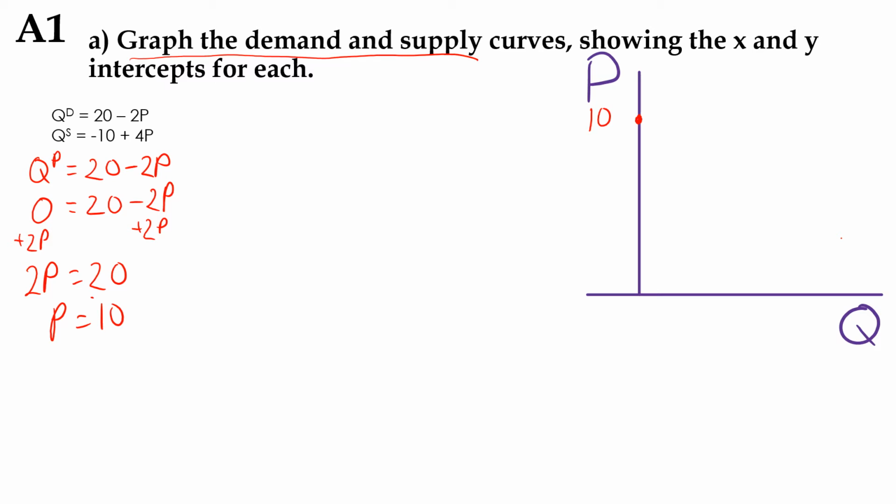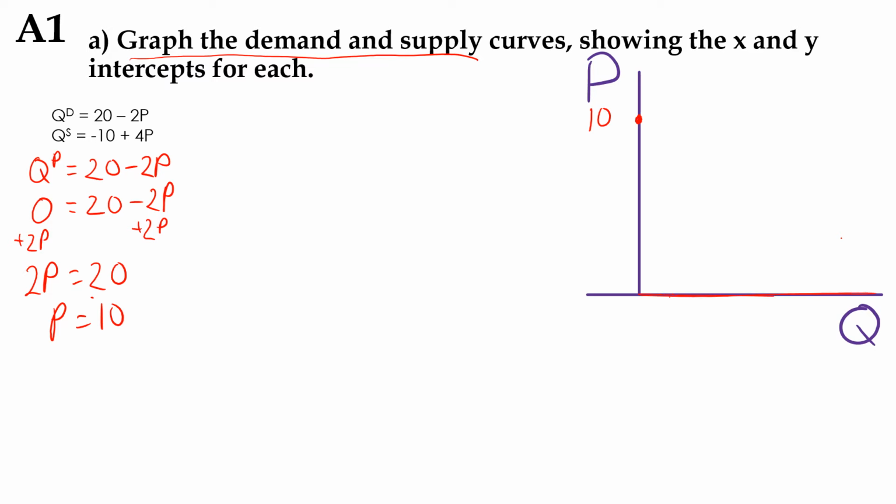Okay, fair enough. All right, so what do I want to do here if I want to find out where it crosses? Does it cross here? Does it cross here? At what number? What do I have to make 0 if I want to see where it crosses there? Well, P is going to be 0, right?